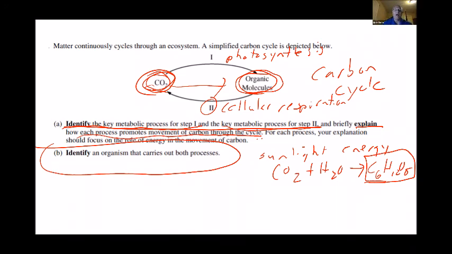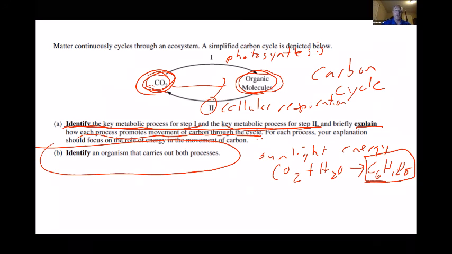So you could say, I wouldn't say a flower, I would say a plant, but you could say any plant, you could say any algae, you could even say some photosynthetic bacteria. Anything that does photosynthesis also does cell respiration, because everything does cell respiration. So you could name any specific plant, you could just say a plant, you could say an algae, you could say a photosynthetic bacteria. That's really all there is to it.